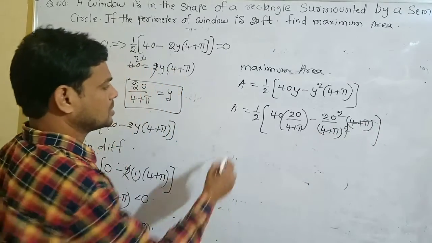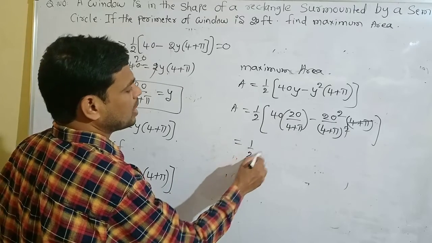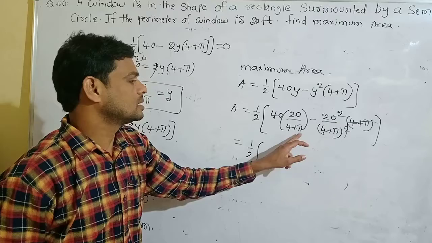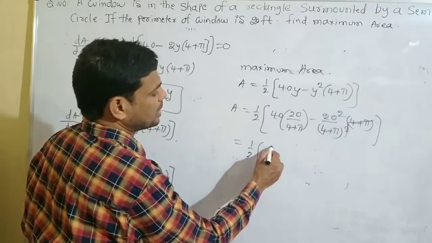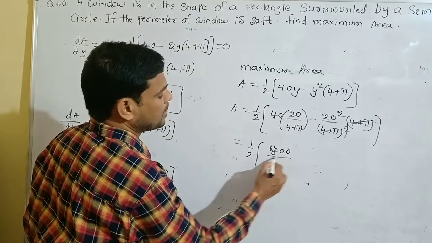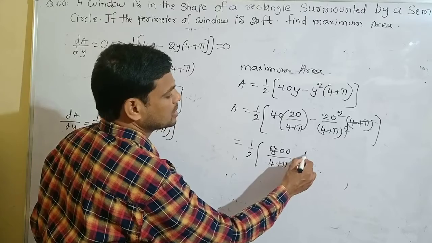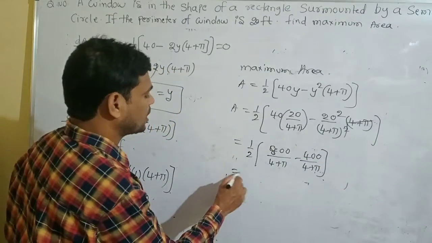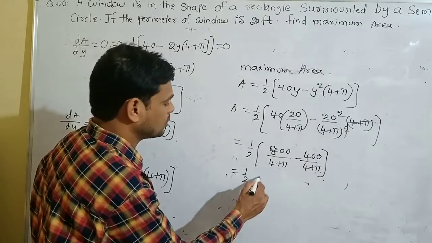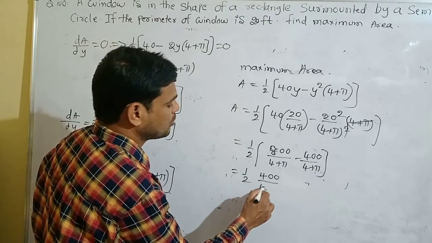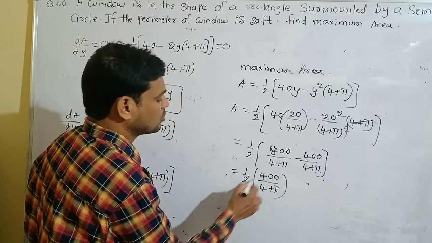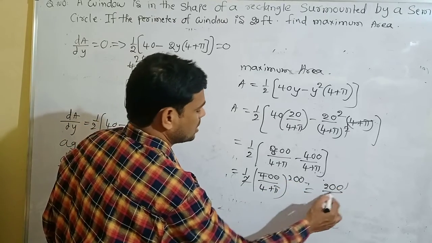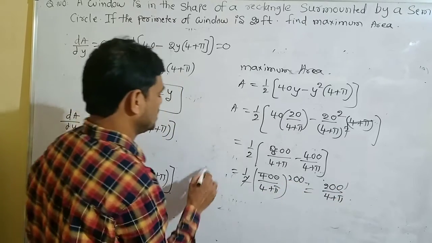Cancel. Now 1 by 2 of 800 by (4 plus pi) minus 400 by (4 plus pi). 1 by 2 of 800 minus 400, that is 400 by (4 plus pi). 2 ones are 2, 2 200s are 400. Therefore, 200 by (4 plus pi). That is the area.